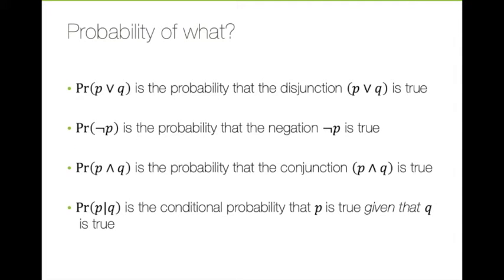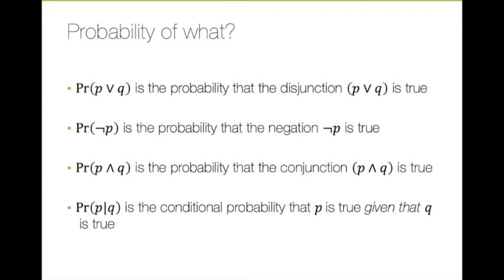The probability calculus gives us the rules for calculating the probabilities of 4 types of complex sentences. The first 3 sentences should be familiar from our study of deductive logic. The sentences that we're finding the probabilities of have the same meaning: disjunction, negation, conjunction. What's changing is that now we want to determine the probability that sentences of each type are true.